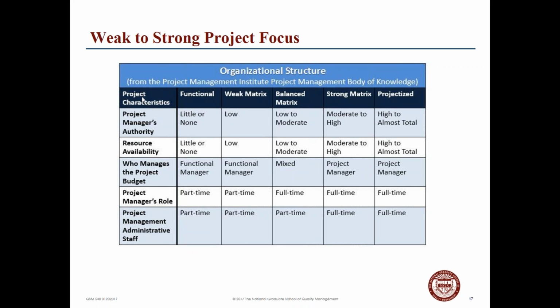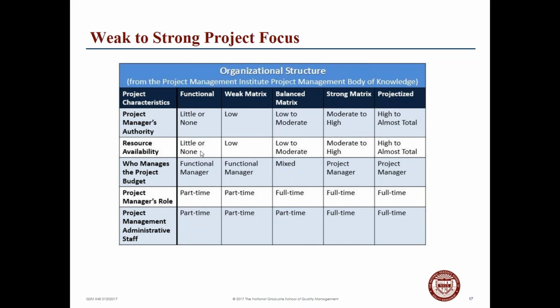So the various characteristics. Project manager's authority: in a functional world, they have very little, if any, authority. Weak matrix, again, very low. Balanced, maybe moderate. As you move towards stronger and more project-based, they move to a higher level of authority, maybe total control. Again, very similar in the resource availability.